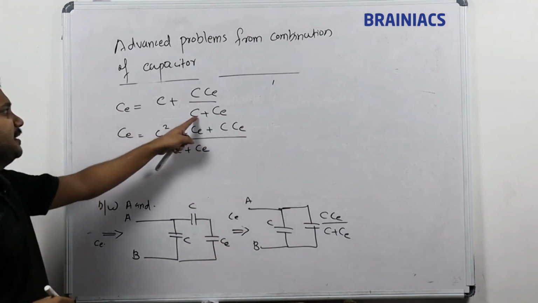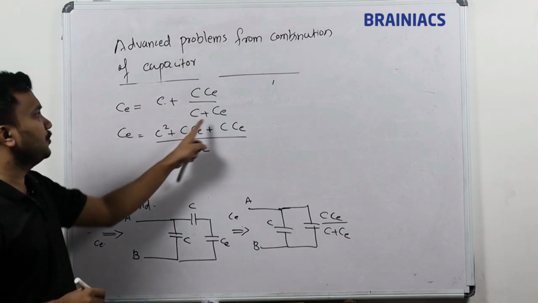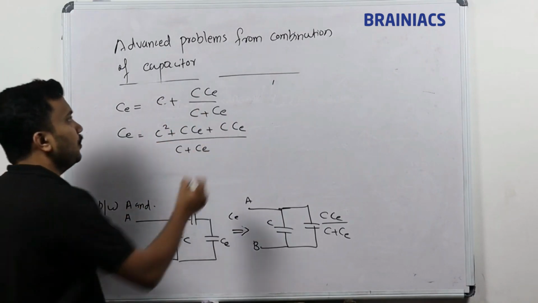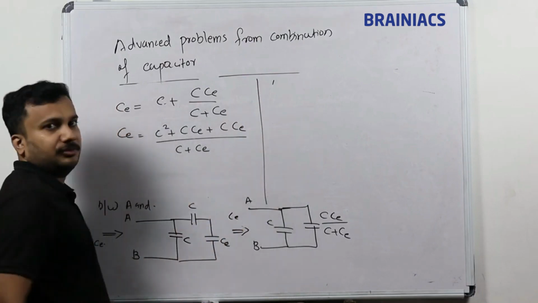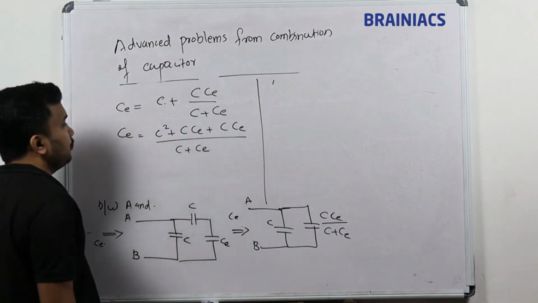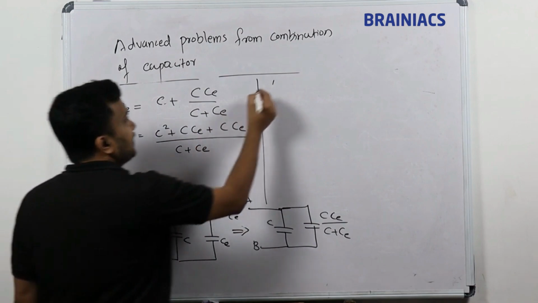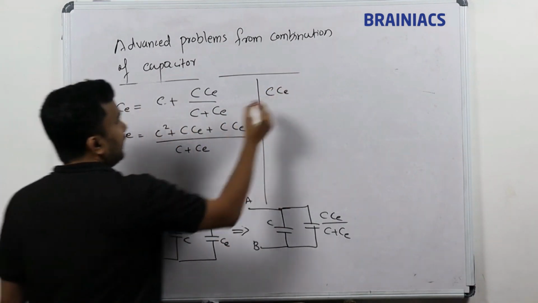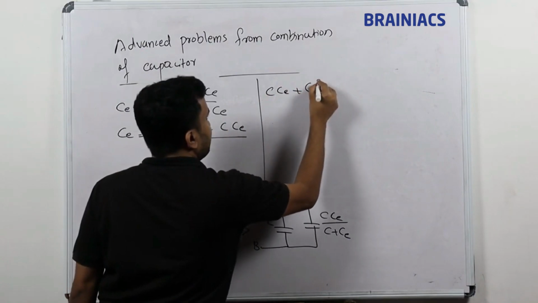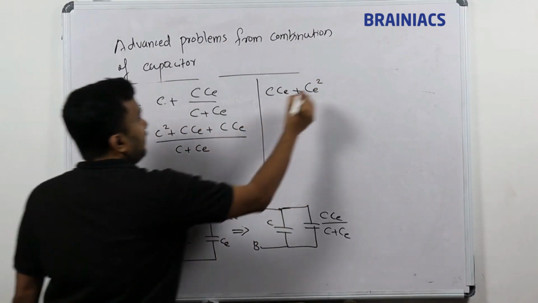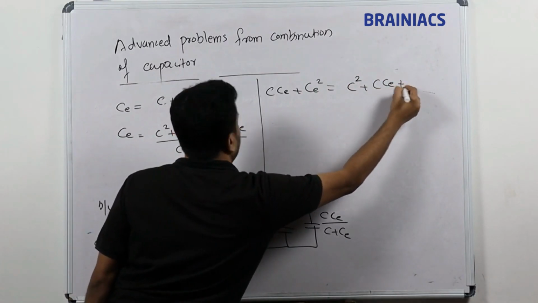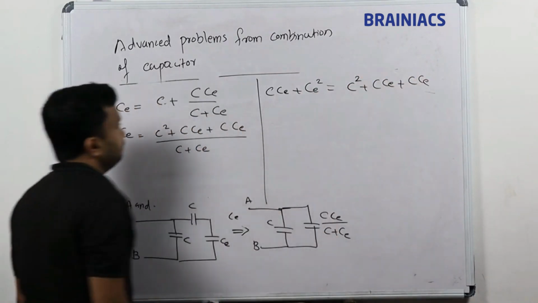I have just taken the LCM: C square, C into C equivalent, C into C equivalent, whole divided by C plus C equivalent. I have to solve this one, so I am multiplying here. C into C equivalent, then plus C equivalent square, multiplied here, and the right hand side is C square plus C into C equivalent plus C into C equivalent.